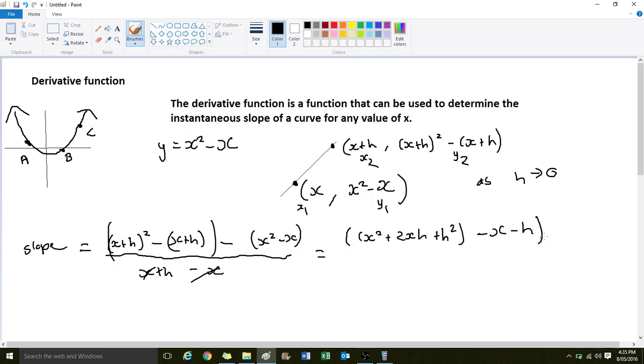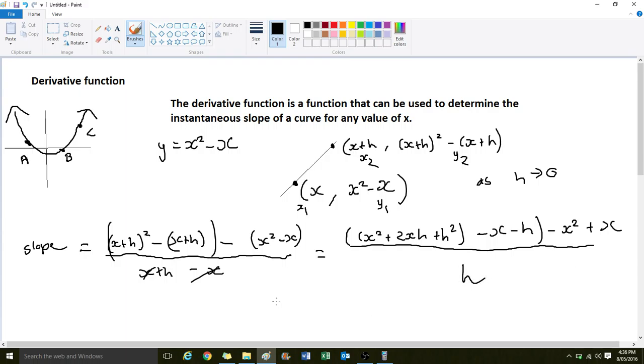And then we're going to have take away x squared take x, so it's going to be take away x squared plus x. Minus minus becomes a positive. And that's all over h.